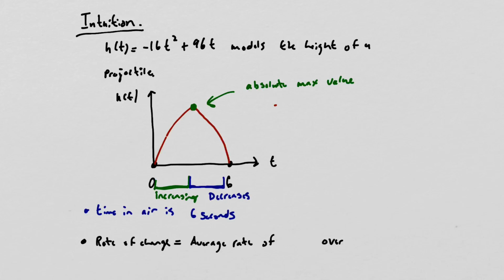Oops, this should be average rate of height over time. In this example, another way of saying the average rate of height over time would be the upward velocity and the downward velocity.